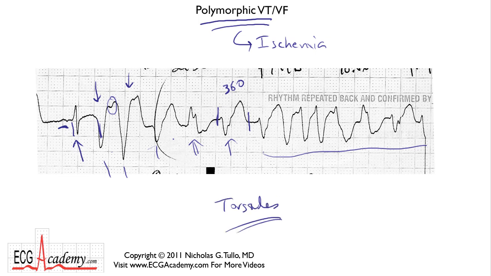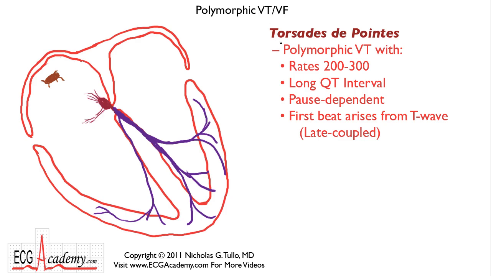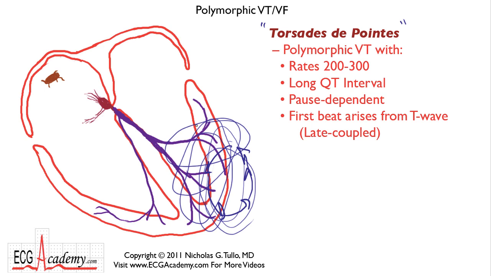Let's go back to our model here, and we'll talk about this very specific arrhythmia that comes from the French words meaning to revolve around a point or to turn around a point. The initial idea behind this arrhythmia was that somewhere in the ventricle there was a reentry circuit that was going around, but that circuit was actually spinning in space very gradually, sort of like turning around on its axis and then going upside down and around.